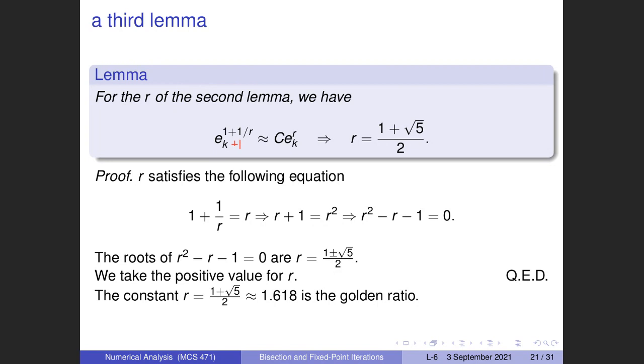The ratio of the consecutive errors will give rise to a quadratic equation. So it's even better than the previous lemma. It's not only that this is predictable, but we also know the critical exponent, the R. We got the value from solving a quadratic equation, which gives us the famous golden ratio.